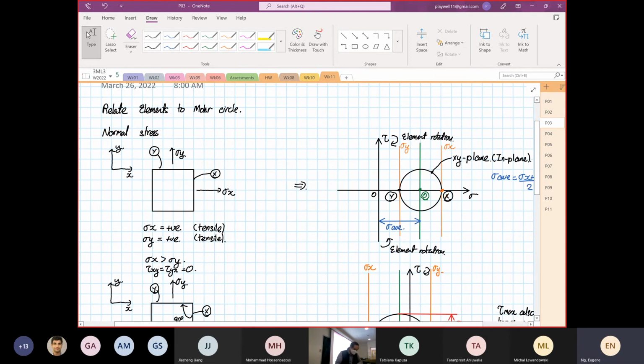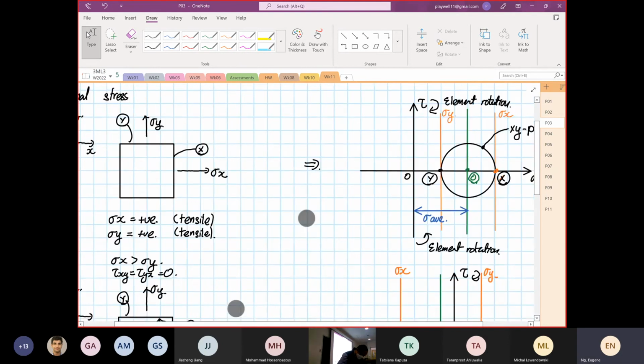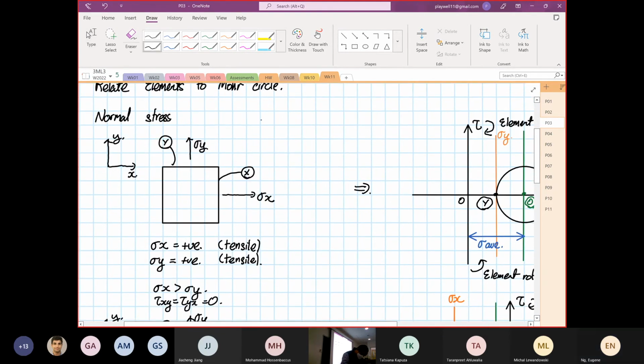If we look at the normal stress, we know the formula is equal to Px over A, or I don't call direction, okay?